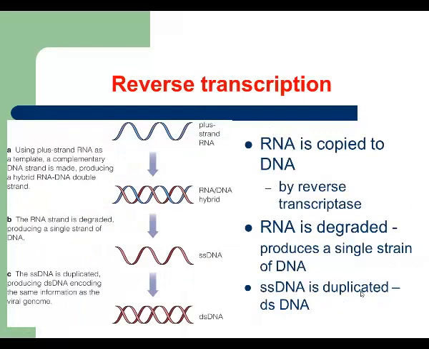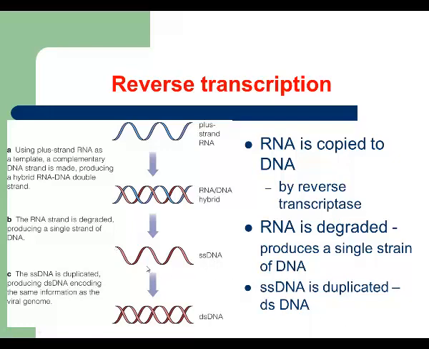Alright, let's get back to reverse transcription. On the first stage, the RNA molecule is used as a template, and with the help of the enzyme reverse transcriptase, a single-stranded complementary copy of the DNA molecule will be made.